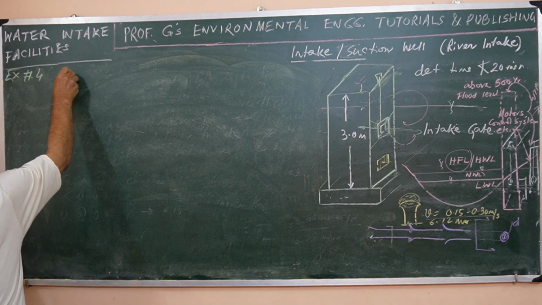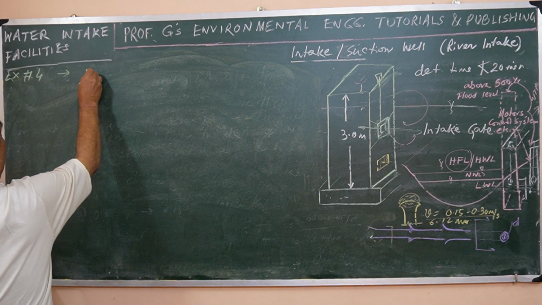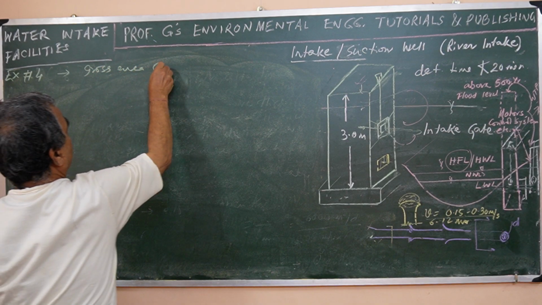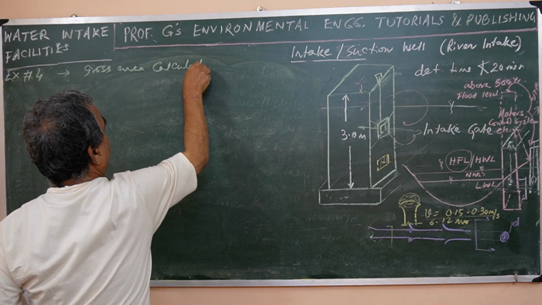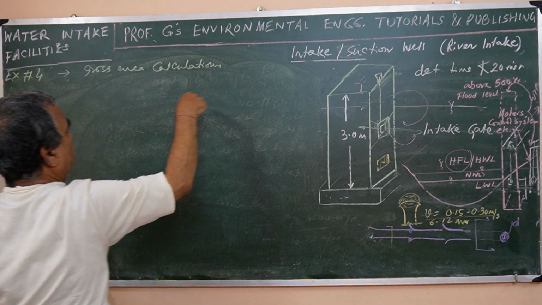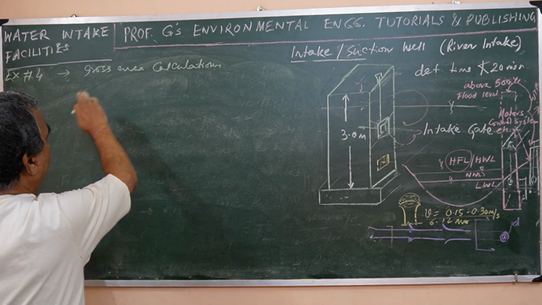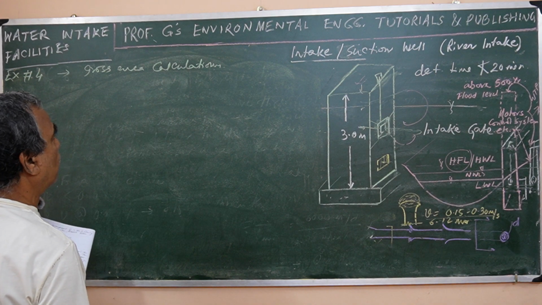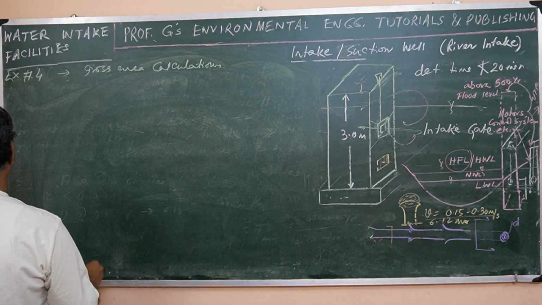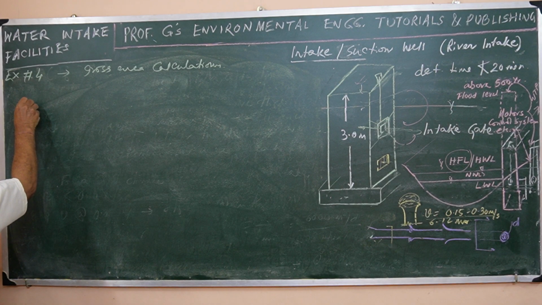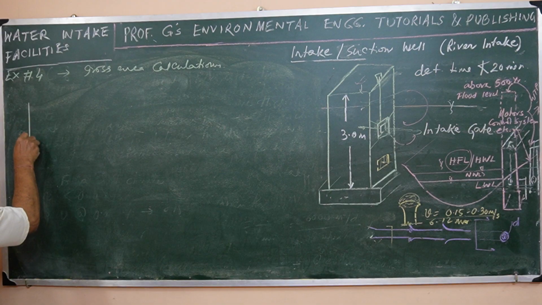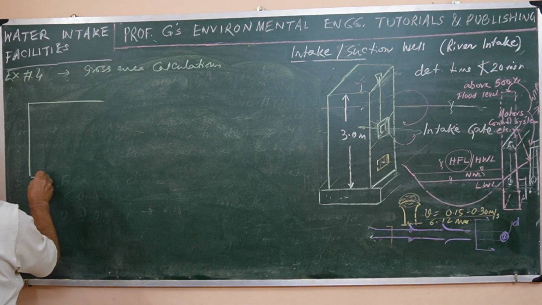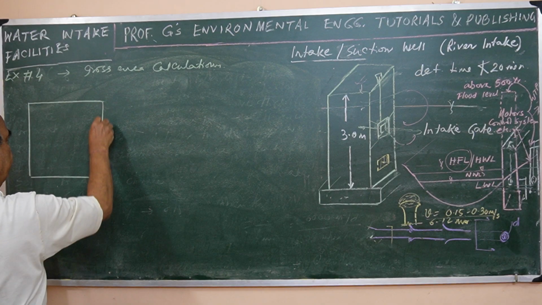I am writing here for the gross area calculation, so that it reminds you what I am talking about. So I am drawing an illustrative sketch here. First thing is that the bar rack will be a square one.